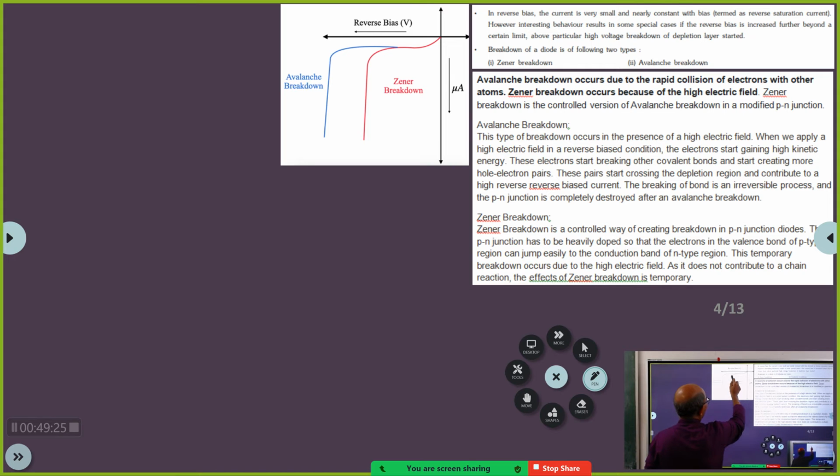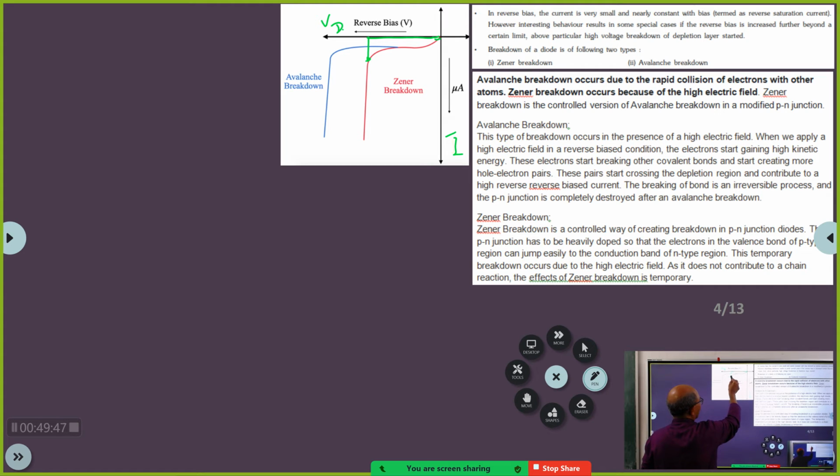Now, this is just a schematic of this. Here you see, when the reverse bias voltage is at this point, then what happens? This is the curve of current versus the voltage across the diode. As the reverse voltage across the diode is increased, at this voltage Zener breakdown takes place.